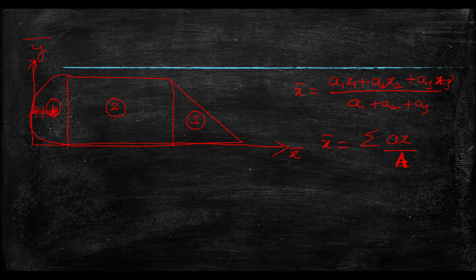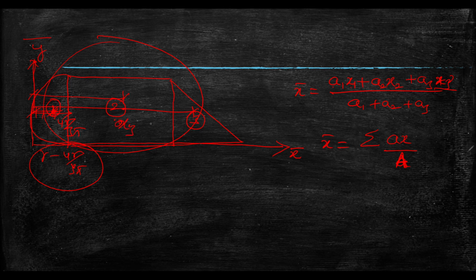In this case, this distance is 4r by 3 pi and the remaining distance is r minus 4r by 3 pi. Please remember that we will be doing this once again when we solve the examples. Here x2 is the distance of the second plane figure from the y-axis. The y-axis is the same for all these different plane figures because this is a compound plane figure. Next, x3 is the distance from the y-axis to the third plane figure.